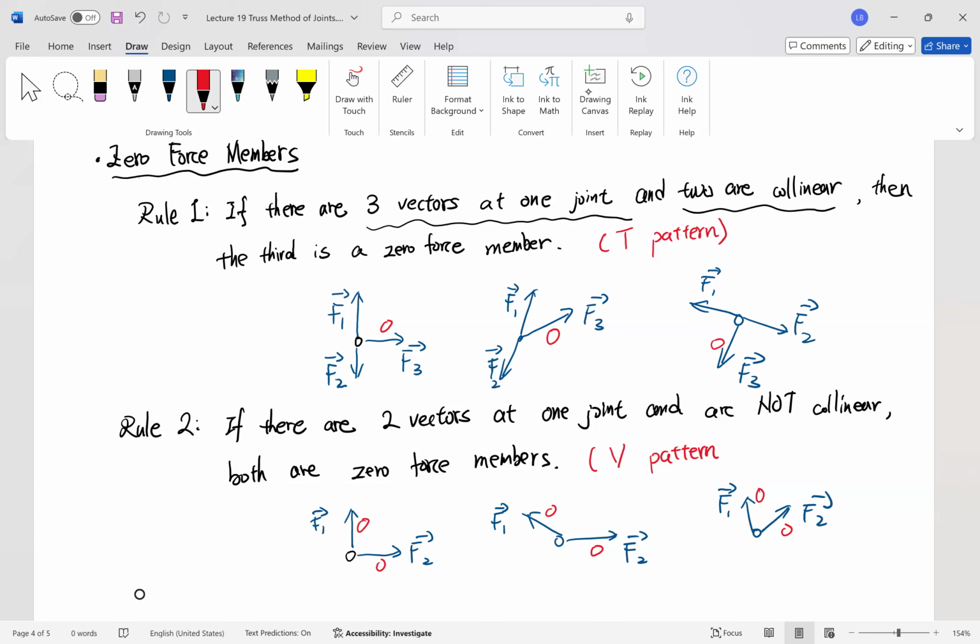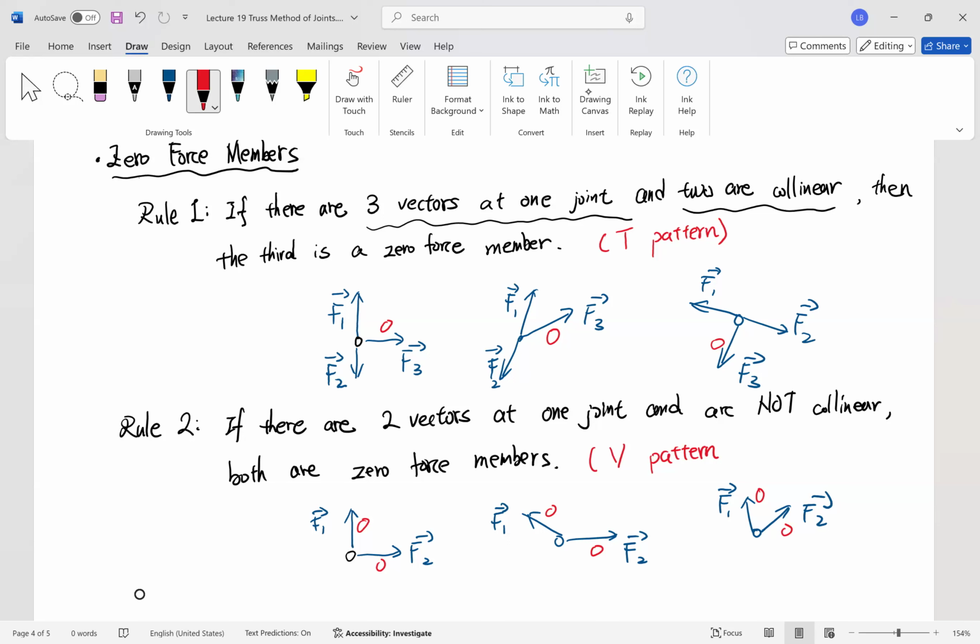That is the reason why we need to first draw the free body diagram of the entire structure before we identify zero force members. Unless you are super familiar with the truss structure, solely based on the structure itself, it is pretty easy to make mistakes.